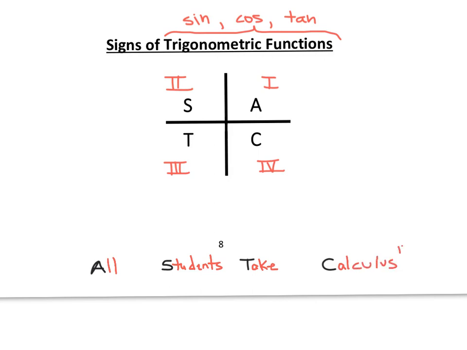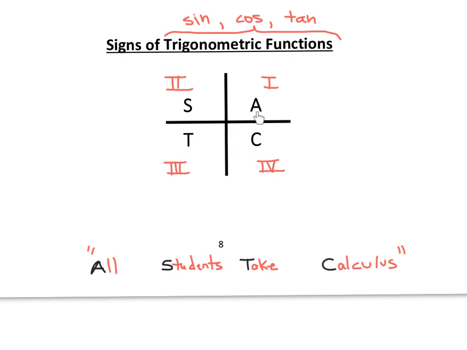Okay, I'm sure you can think of something much funnier and much better to say, but I feel like every math teacher I've ever had, that's what they always said. We came up with other things in school, but all students take calculus, okay? So that's how we remember the order of it. Always start in the first quadrant.